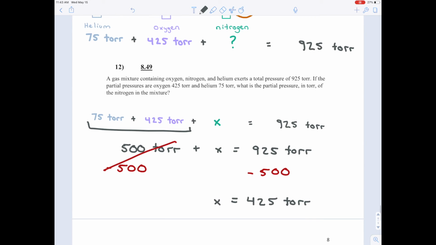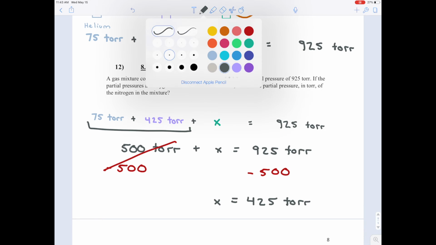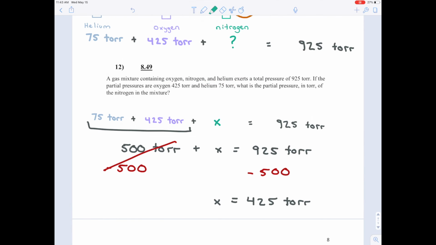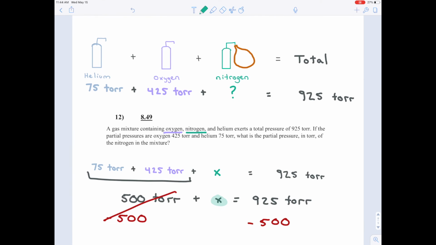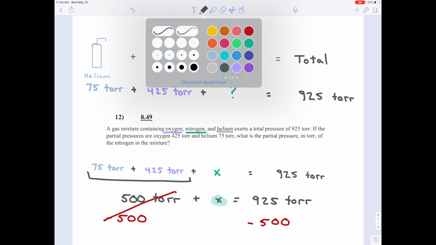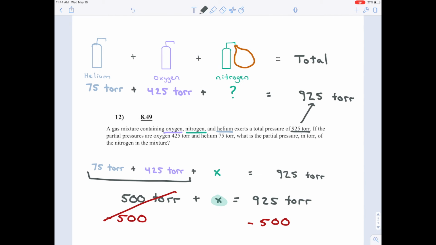So that's the amount of pressure that nitrogen must have been exerting in order to add up to that. And that is what exercise 12 is asking you. It says a gas mixture containing oxygen, that was our purple, nitrogen, that was our green gas container, and helium, that was our light blue gas container, exerts a total pressure of 925 torr. That's the total pressure.